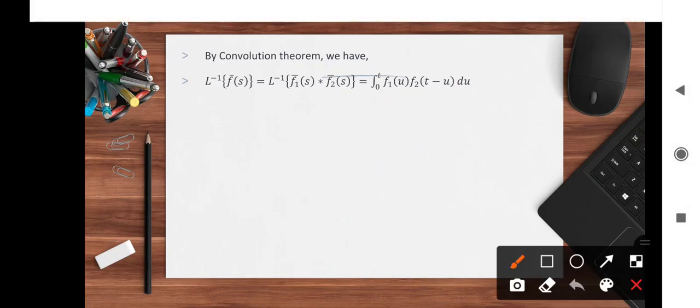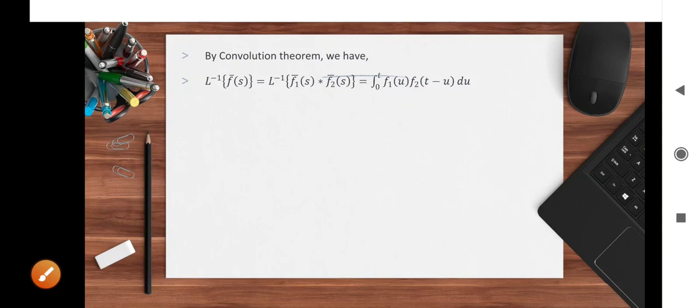Remember, here the first function is taken as it is, but the second function is changed. It is written with the variable as t minus u instead of only u. So this is a very important change while applying the convolution theorem.